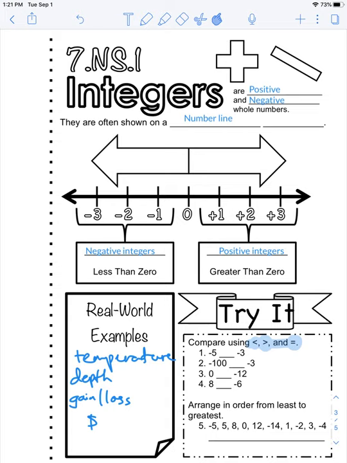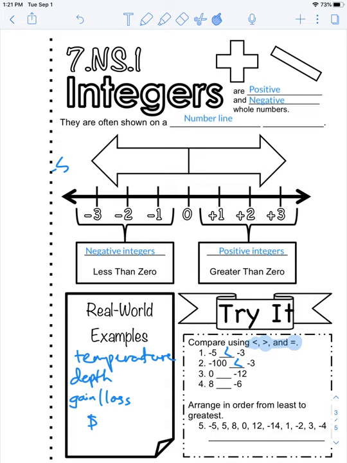All right, so in the first one, we have -5 and -3. Now, -5 is going to be further to the left on the number line from -3. That means it's less than. So -5 is less than -3. If -5 is less than -3, -100 is going to be way further from 0, which means -100 is also less than 3.